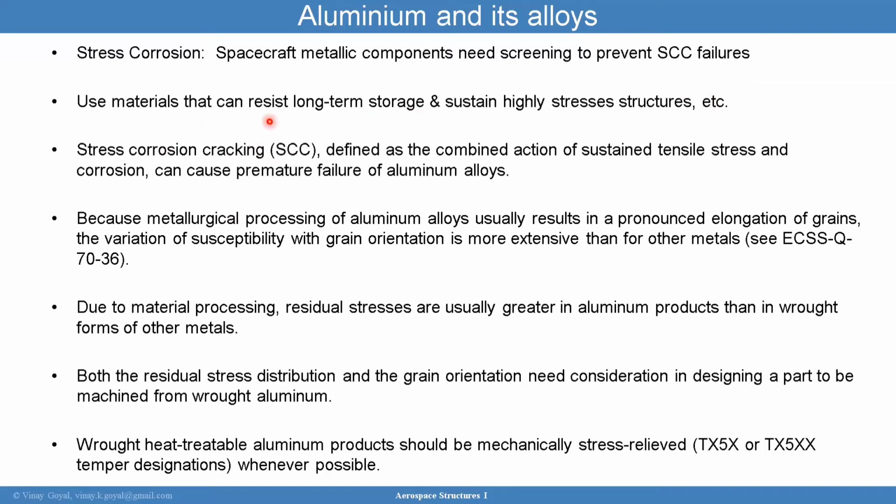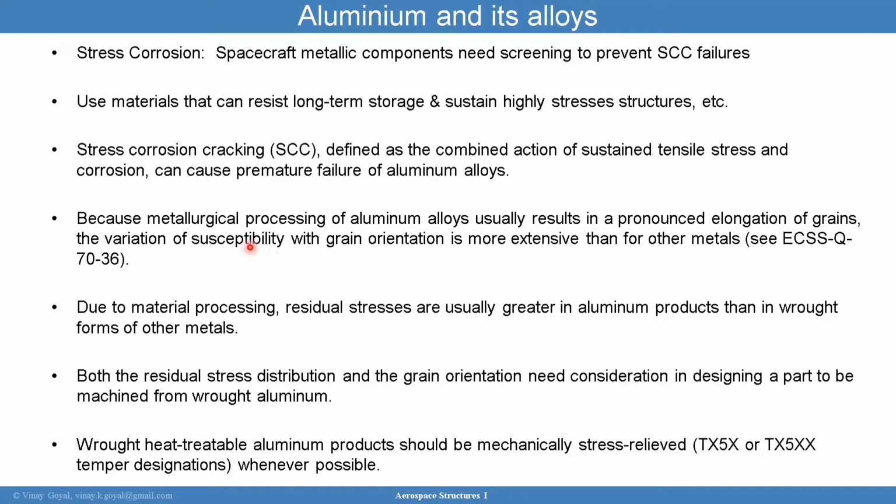You also want to look at materials that can resist long-term storage and sustain high stresses during loading conditions. And why? Because stress corrosion cracking does get influenced quite a bit by tensile stress. So the higher the tensile stress, the more impact on SCC. And it can also cause premature failure of aluminum alloy.